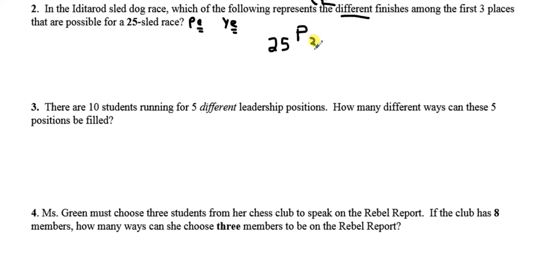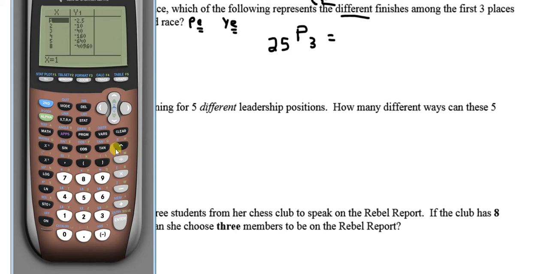Going forward, I'll put the answer in, but just to make sure you know how to do this on the calculator, I'll put the calculator up here. You put in the larger number first, 25, then press math on the left-hand side, arrow over to probability, and then nPr is permutation. 25 nPr 3.